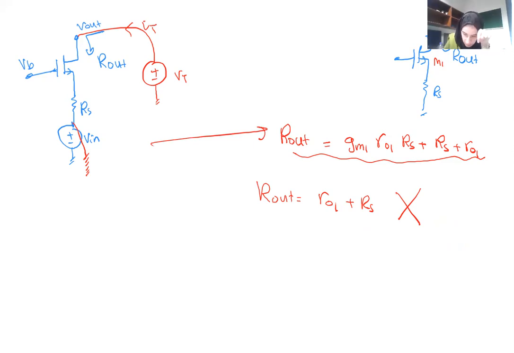Because when we find the output impedance, we short the input side, we apply a test source from the output direction with VT and have a current IT, and your output impedance is VT divided by IT. They are the same. Clear?